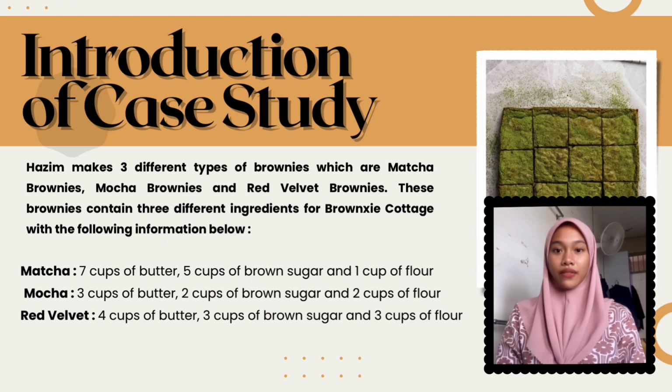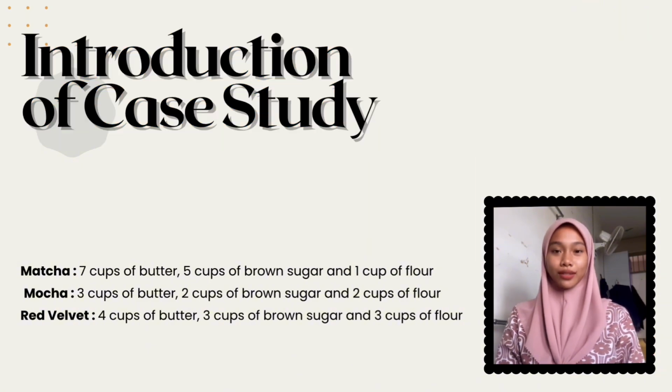Matcha: 7 cups of butter, 5 cups of brown sugar and 1 cup of flour. Mocha: 3 cups of butter, 2 cups of brown sugar and 2 cups of flour. Red velvet: 4 cups of butter, 3 cups of brown sugar and 3 cups of flour.